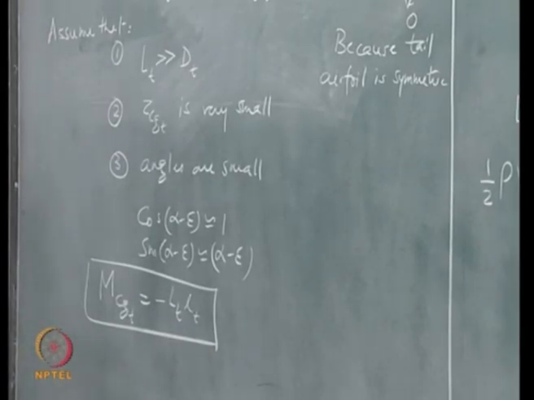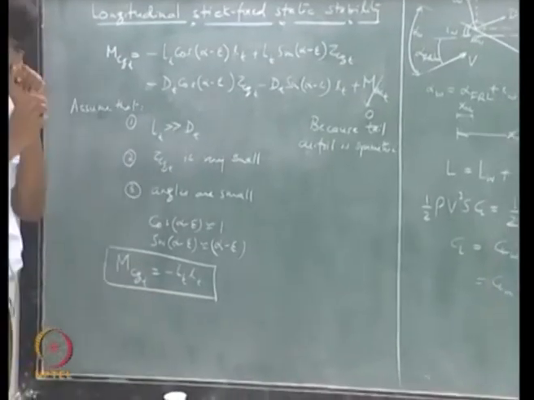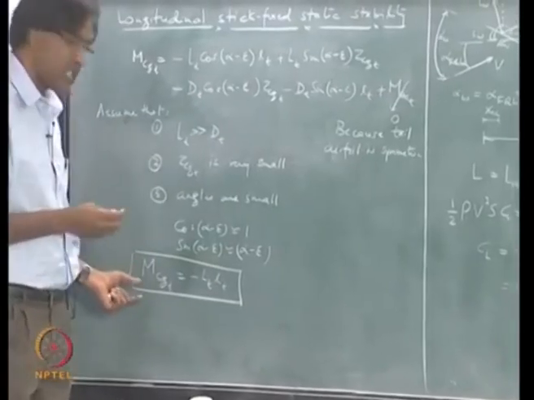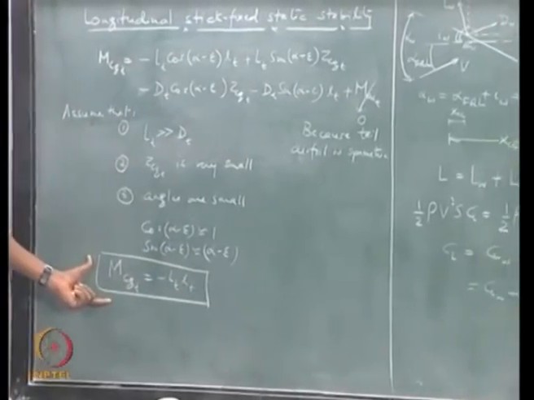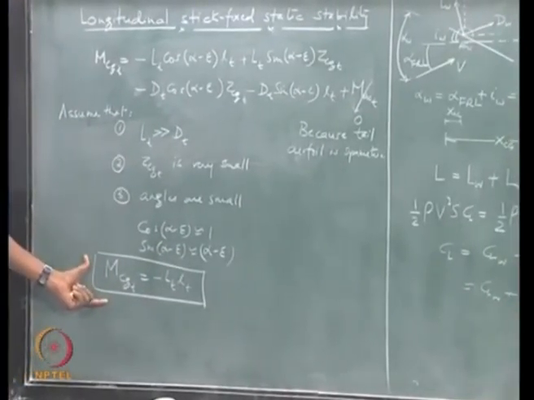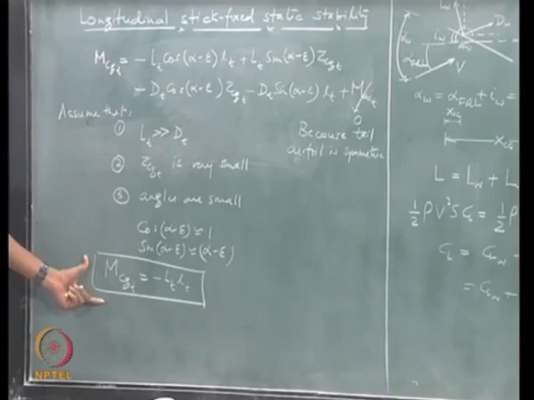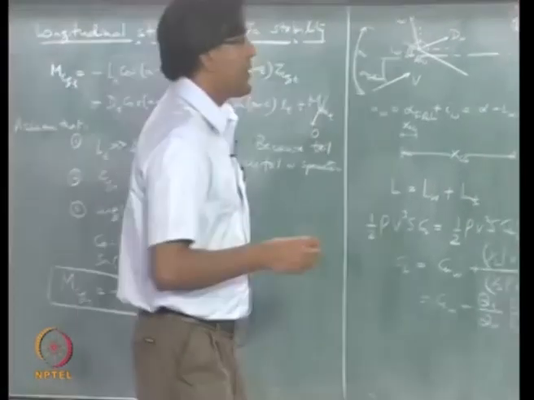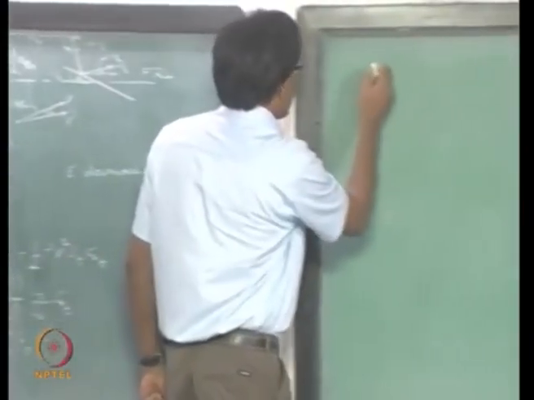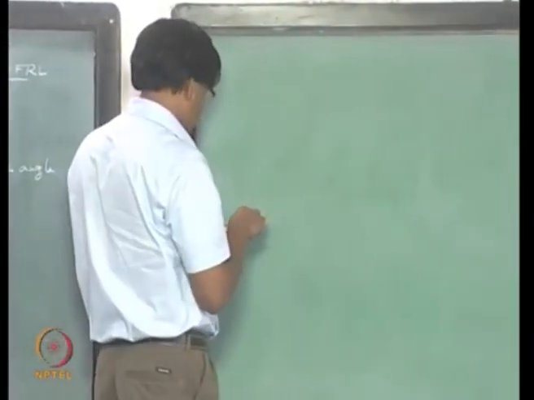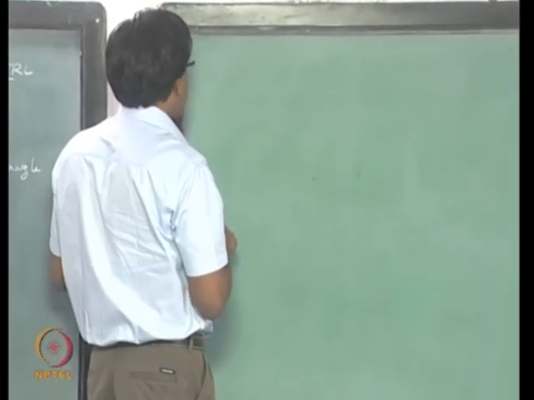Now, let us try to expand this because all I am interested in is the expression for Cm naught and Cm alpha.